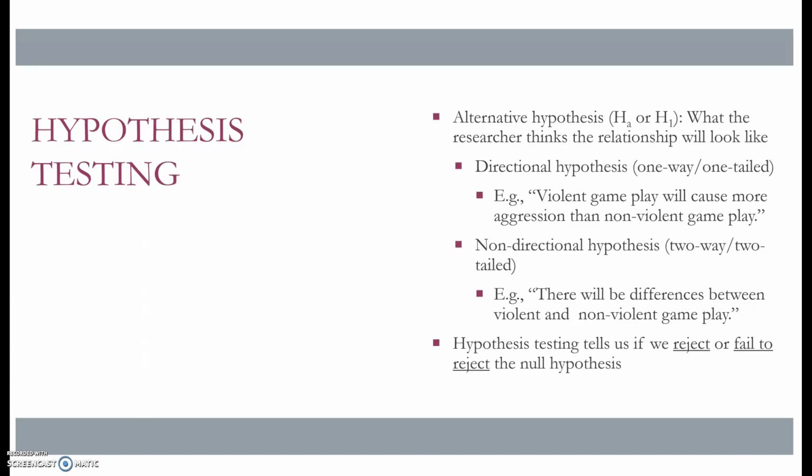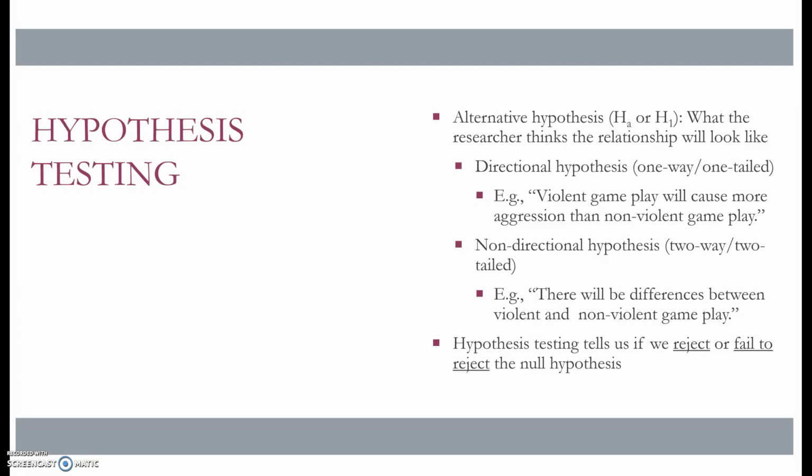It may not be proper here because we kind of assume, of course, violent gameplay should end up with more aggression. But I'm just giving you an example of a non-directional hypothesis here. A more common non-directional hypothesis would be something like there will be a difference between men and women in terms of their alcohol consumption.